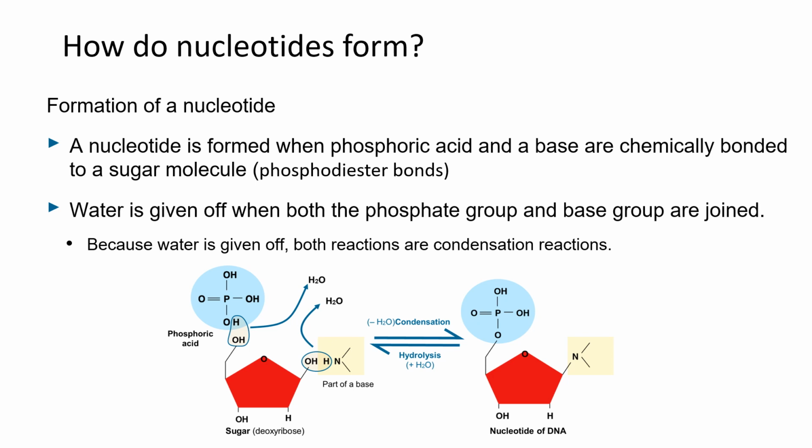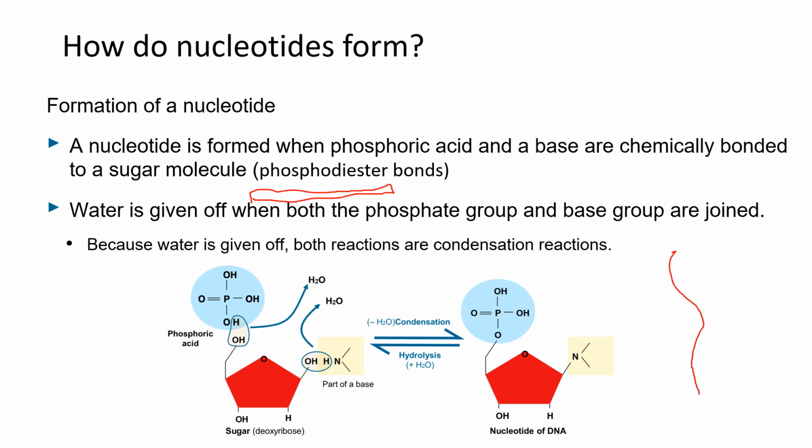So how do these nucleotides form? They aren't just hooked together by magic. There's obviously a bunch of chemistry and bonds happening. A nucleotide is formed when a chemical bond between the phosphate molecule and the sugar molecule forms, and this is called a phosphodiester bond. These are the bonds that create that ladder structure.